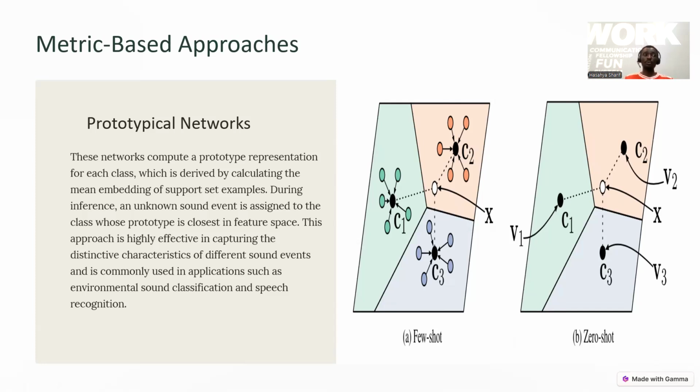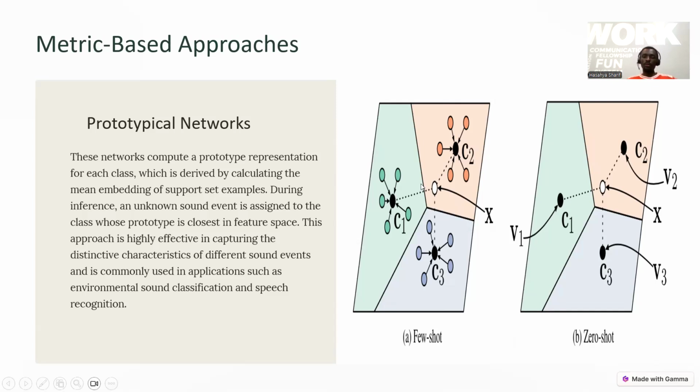Instead of relying on a support set, we use the semantic vectors, that is V1, V3 and V2. The new sound event X is mapped to the closest conceptual representation using a similarity matrix, even if it has never been explicitly trained on that class.